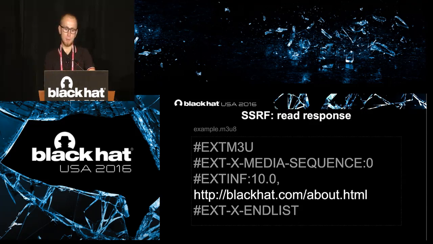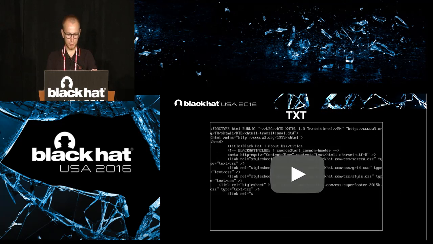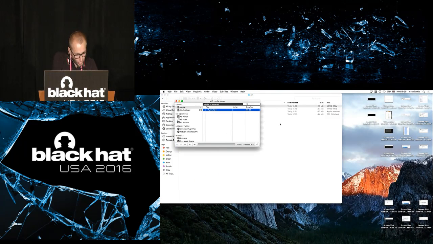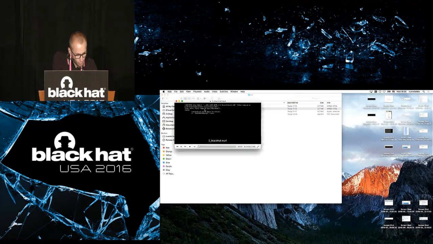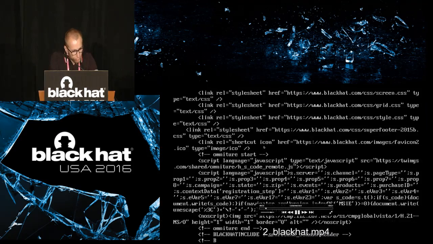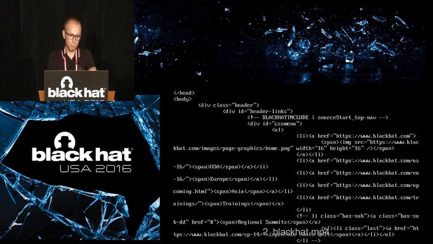So we can make requests, but as you remember, FFmpeg handles txt files in a very special way. So let's try adding .txt to the query string. And after conversion, we'll get the black hat HTML code.